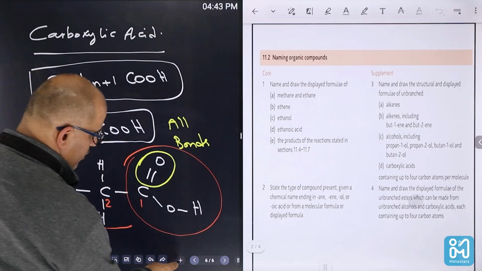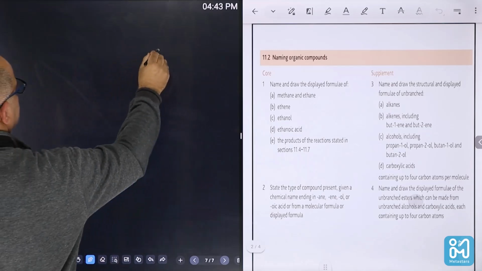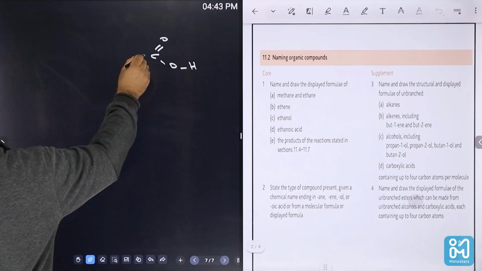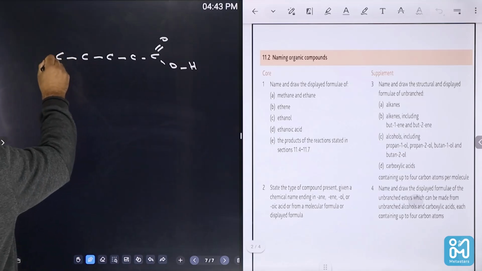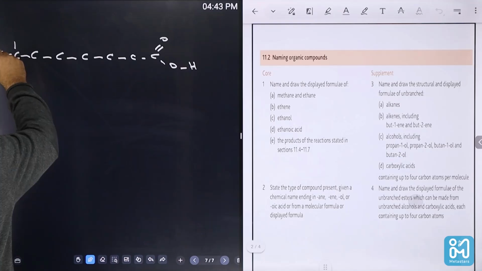We can draw more carboxylic acids like that. For example, if we start with the functional group like that, we can add as many carbons as you want. Let us try to name this structure.